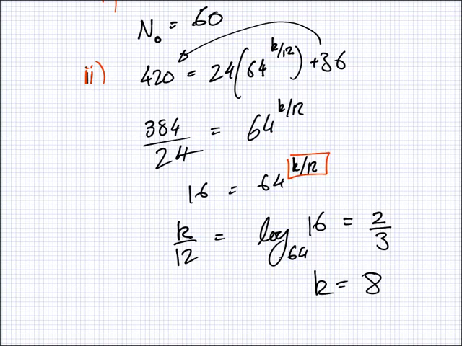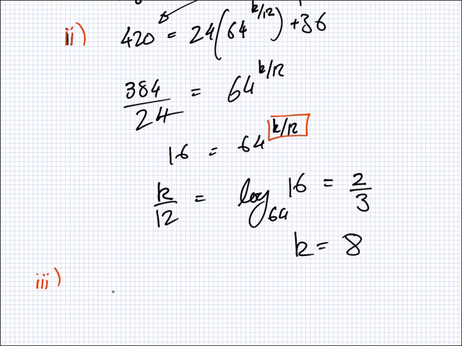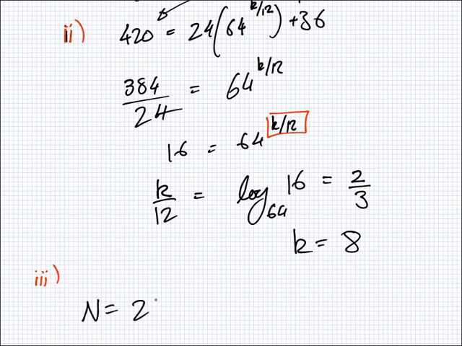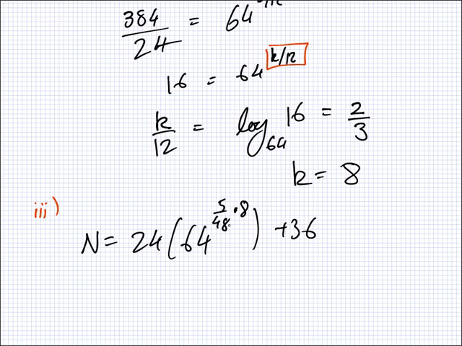And lastly, for this part, find the value of n when t is 5 over 48. So let's replace: n equals 24 times 64 to the power of 5 over 48 times k, and k is, we said, 8, plus 36. So 8 goes into 48 six times.